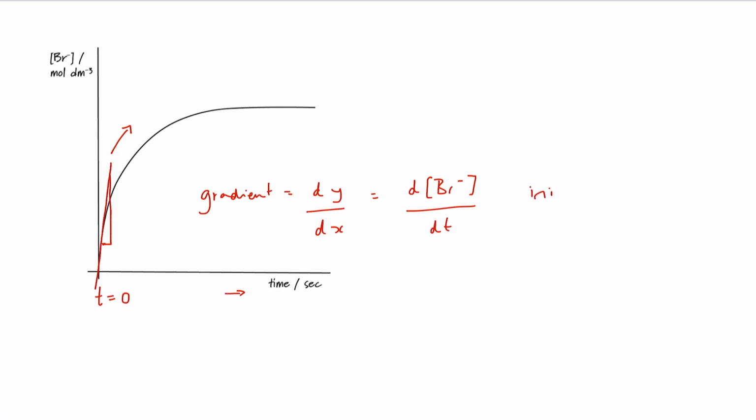This would give us the initial rate of reaction, the rate of reaction at t equals 0, which is always going to be the fastest rate of reaction because it's when the concentration of the reactants is greatest.